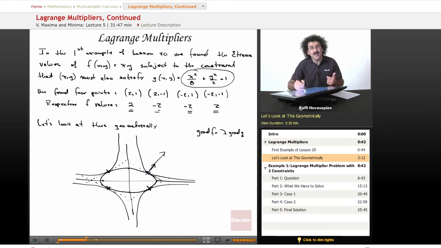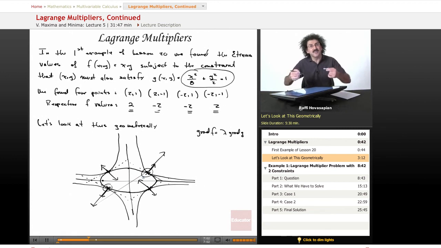Here, this was a max and this was a max, and the gradient vectors are in the same direction. In the case of the mins, the gradient vectors point in opposite directions, but it's still a scalar multiple of the other.